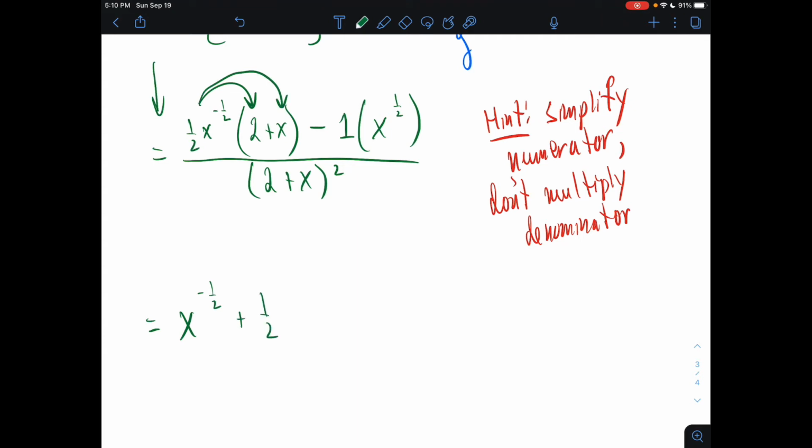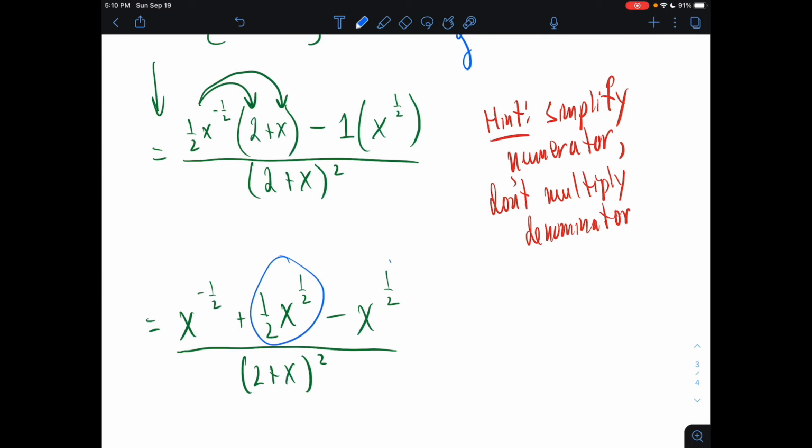And then the powers add, so I get x to the positive 1/2. And then I have minus x to the 1/2. I can see that I can combine 1/2 x to the 1/2 minus 1 x to the 1/2, and I'll get a negative 1/2 x to the positive 1/2.